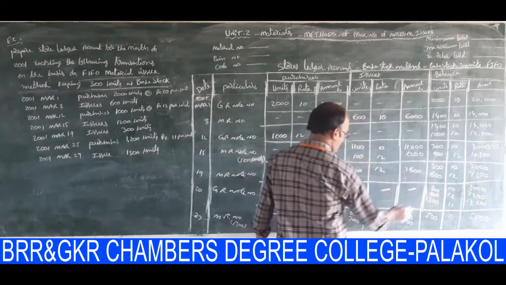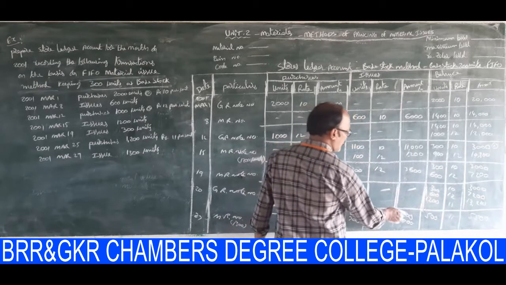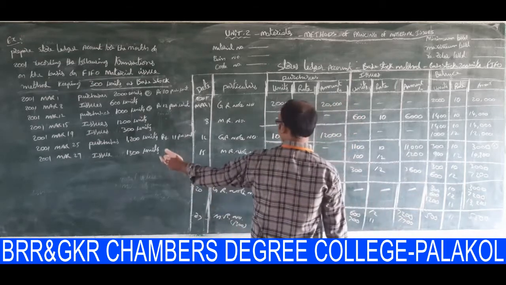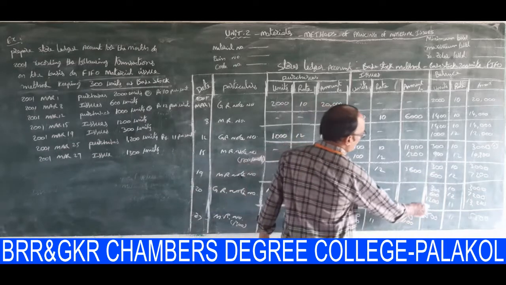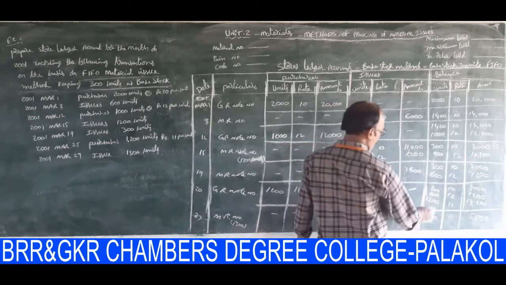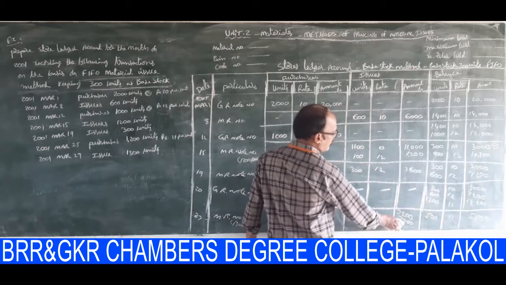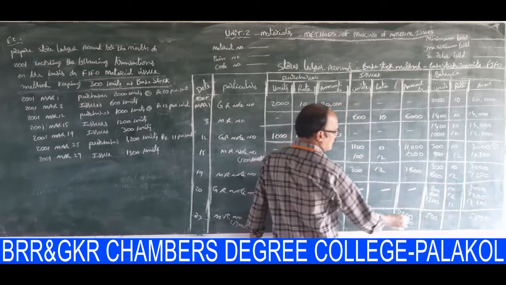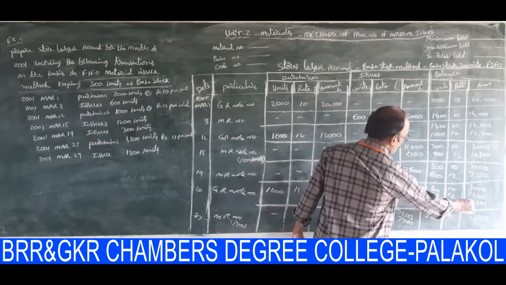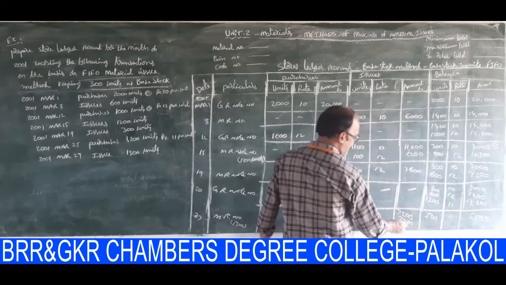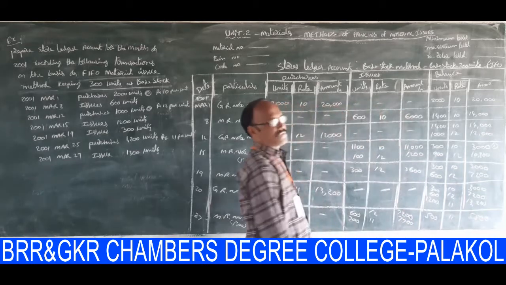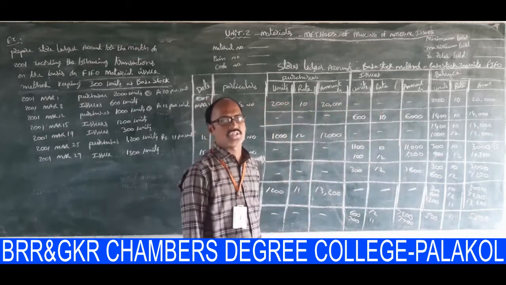So that's why 600 units at 12, 7,200, remaining 700 units issued from this. 700 into 11, 7,700. 1,200 minus 700 is equal to 500. 13,200 minus 7,700 is equal to 5,500. This is the closing stock.